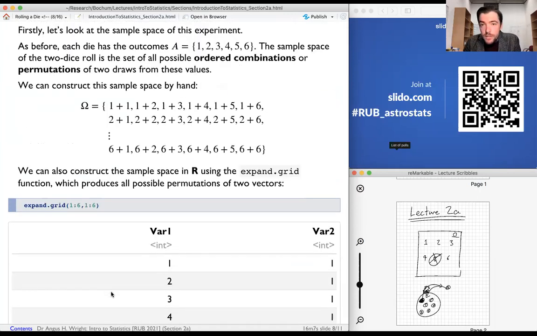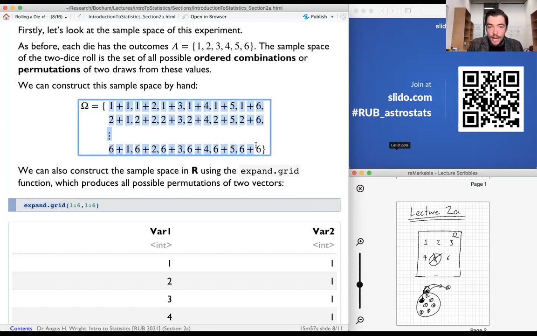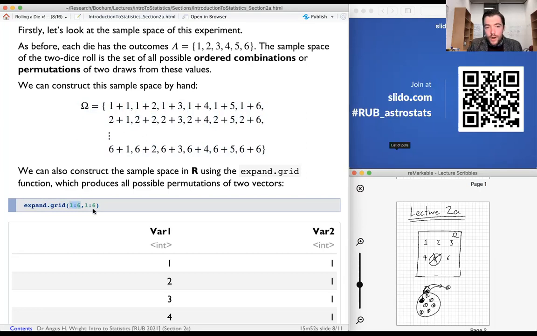You can also do this internally in both R and Python using a simple function. In R, the function is called expand.grid. What that function does is exactly what I just did by hand: given a vector of possible outcomes, it gives the set of all permutations of those 2 vectors.